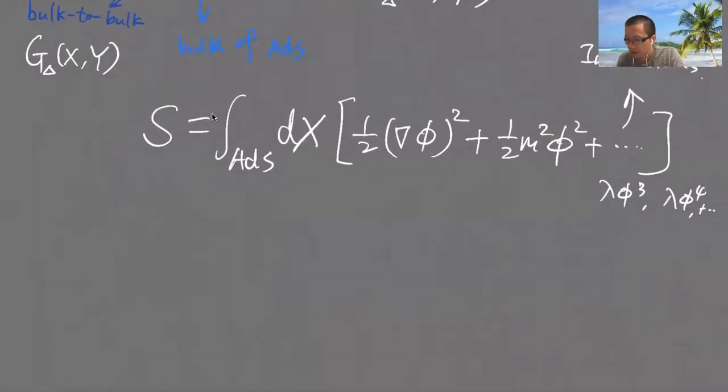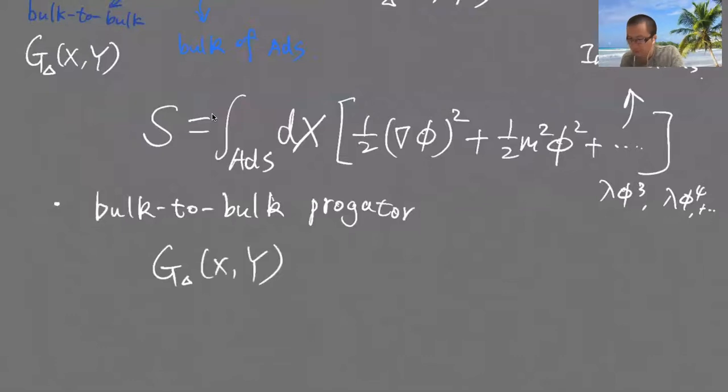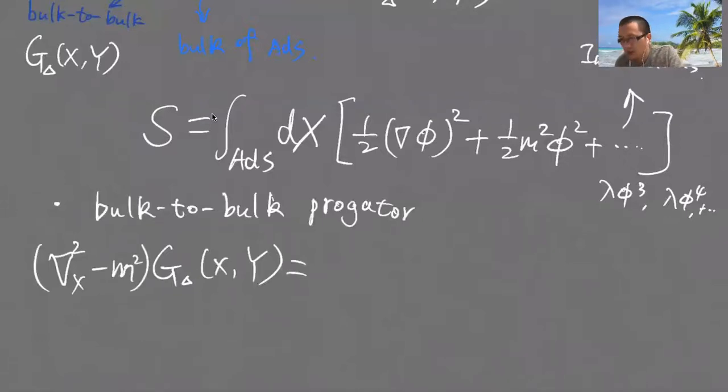Okay. Not surprisingly, the bulk to bulk propagator G is determined by the Laplace equation, where we have the Laplacian minus the mass squared equal to delta of X minus Y, defined in AdS space.